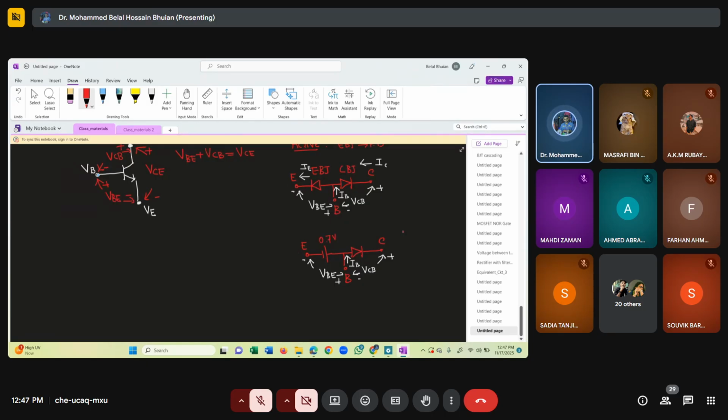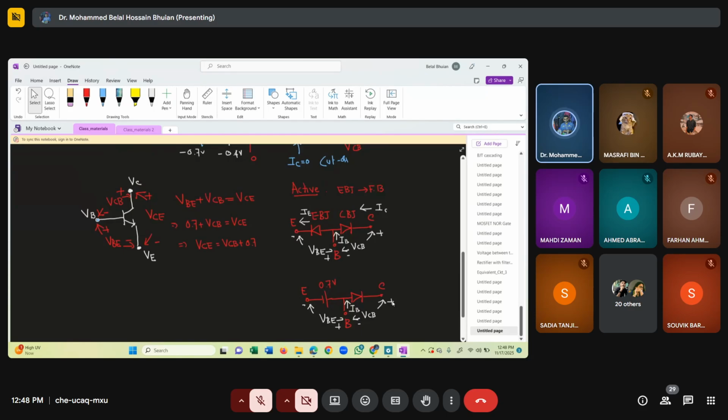So what is VB? VB is equal to, in fact, 0.7. So I can write VB, 0.7, plus VCB equals VCE. So in fact, what is VCE? Equal to VCB plus 0.7. That means if you know VCB, if somehow we can determine VCB, and then you add 0.7, you get the value of VCE.